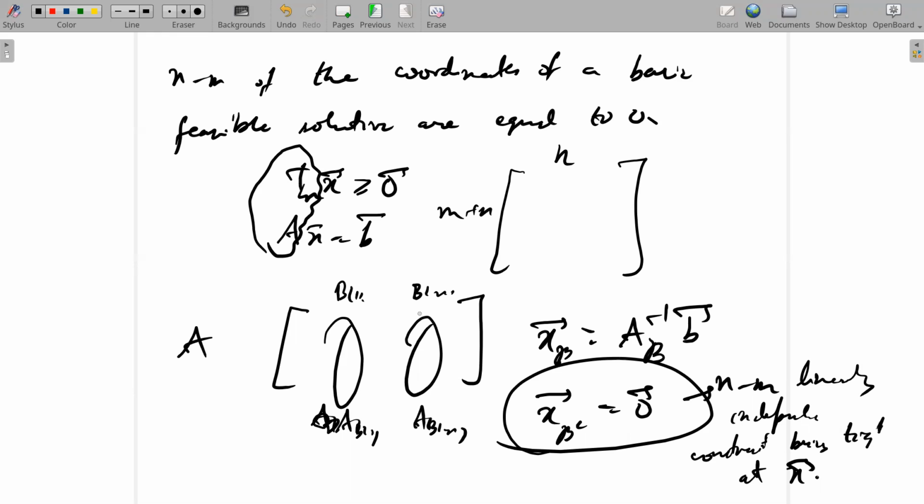Both of them should have n-1 common. Also they have n-m-1 common. So both of them should have n-1 linearly independent constraints common, including these sign constraints.